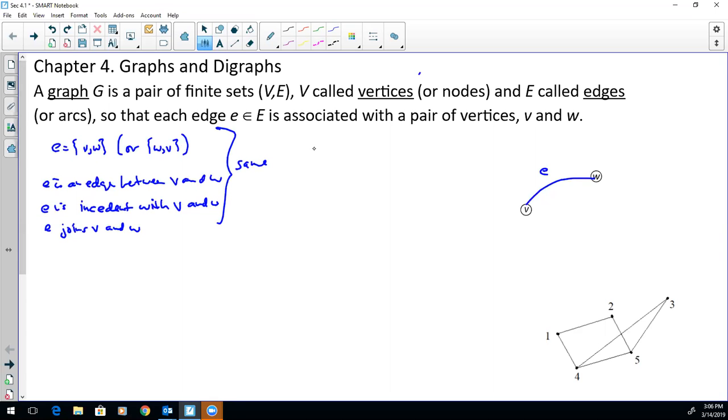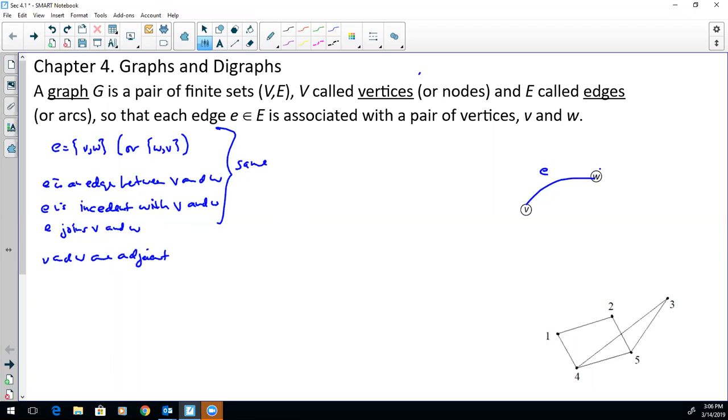All mean the same here. Okay. And also in this case, we would say that V and W are adjacent, okay, because there's an edge joining the two of them. And you could perhaps even say they are incident on E.